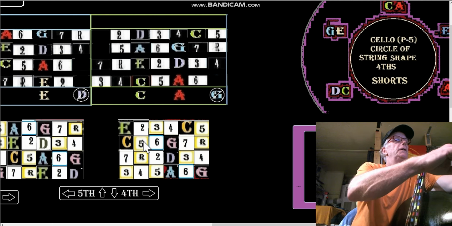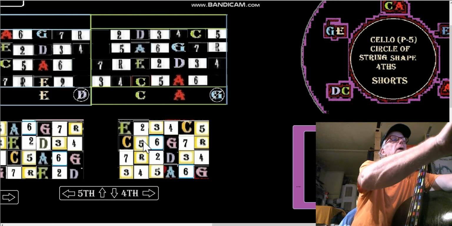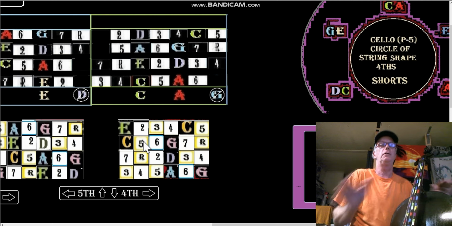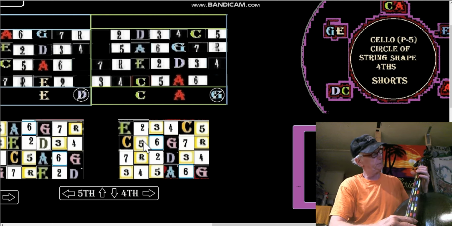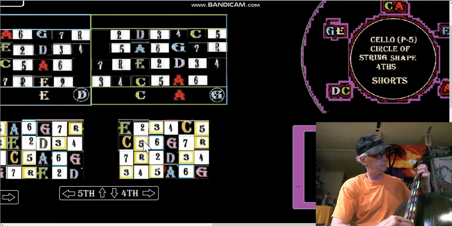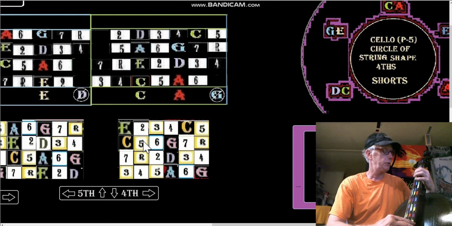Okay, so we're down here. So it's more of a subtle chord, really. 3, root, 5. Here we go. Kind of an early morning kind of.